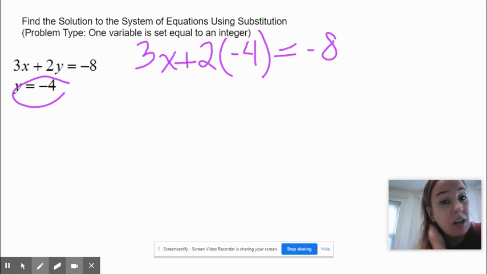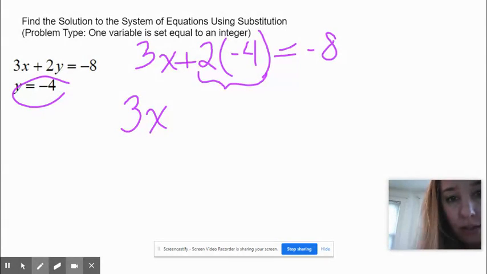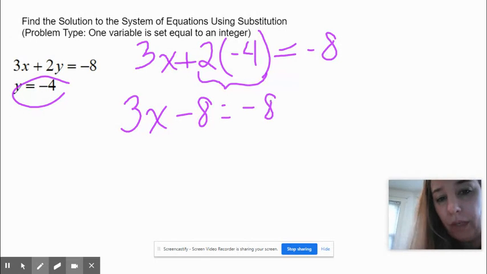Now we need to solve for x. So I'm going to put these together. So we have 3x, negative 2 times negative 4 is negative 8. And that equals negative 8. Two-step equation. We add 8 to both sides.